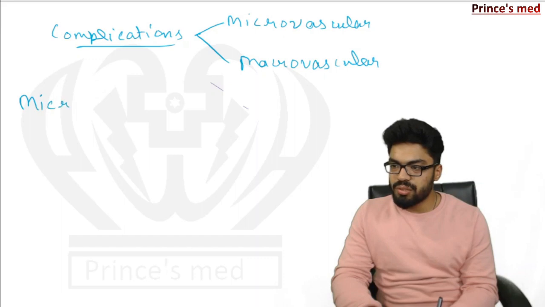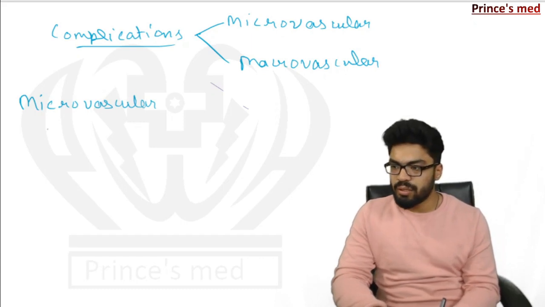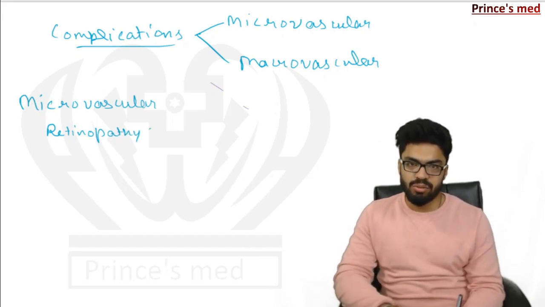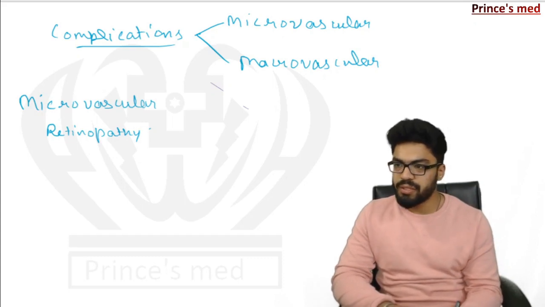Microvascular complications include retinopathy, which is also divided into two groups, proliferative and non-proliferative.